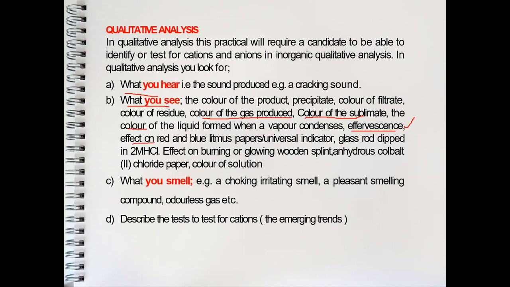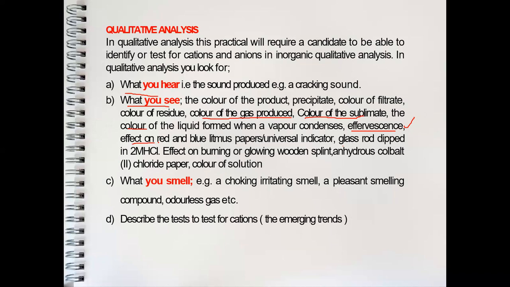Again, effect on red and blue litmus paper. You can also be given a solid substance, then you will be provided with litmus paper. Whenever you are provided with litmus paper, ensure you use it when you are heating a substance. You dip it in water because you know that the gas has no effect on dry litmus paper.